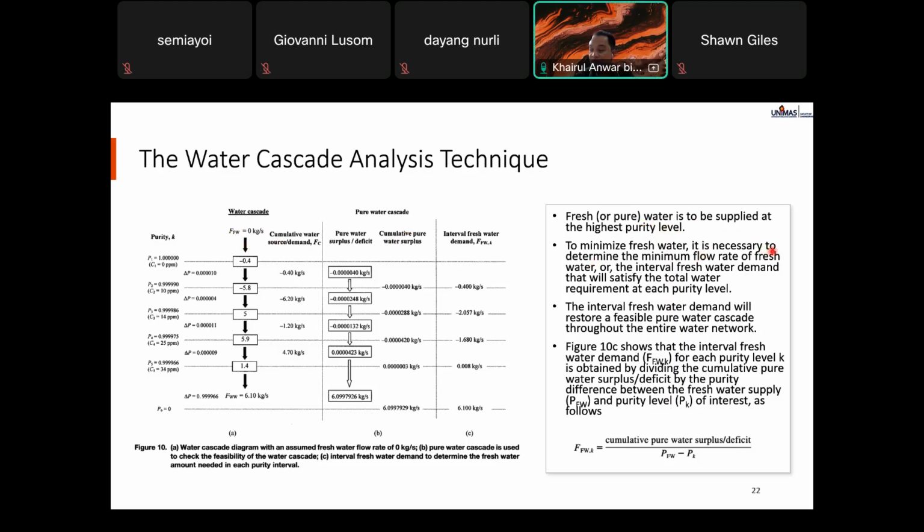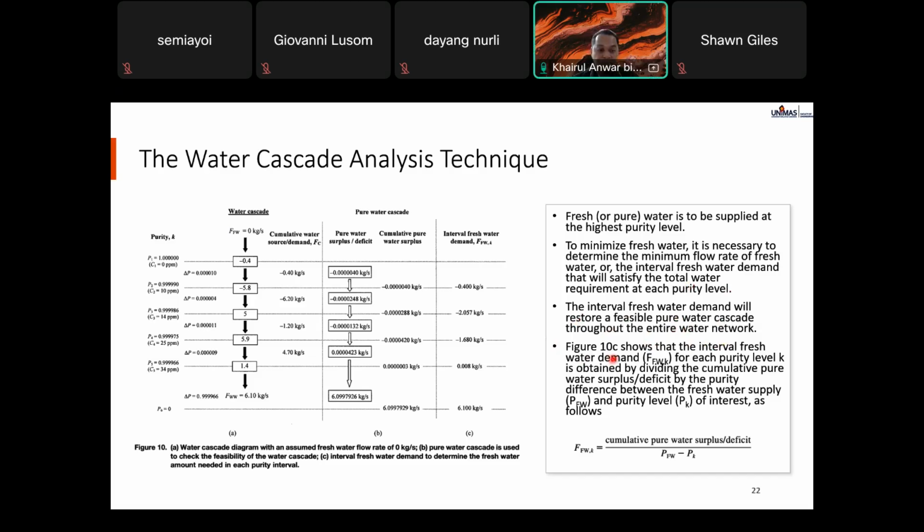To minimize freshwater, it is necessary to determine the minimum flow rate of freshwater, or the interval freshwater demand, that will satisfy the total water requirement at each purity level. Interval freshwater demand will restore a feasible pure water cascade throughout the entire water network.